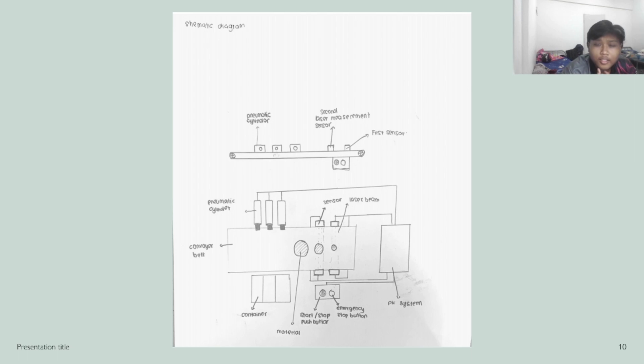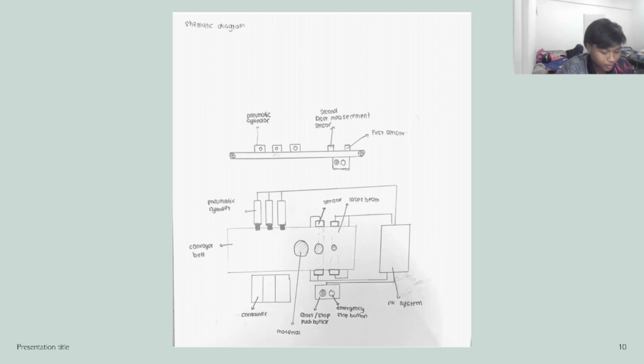Okay, how does this schematic diagram, or this PLC conveyor sorter, work? First, we must switch on the conveyor sorter from the start stop button, and the conveyor belt moves with different sizes of material: small, medium, and big. As we can see, we have two laser sensors, the first and the second.